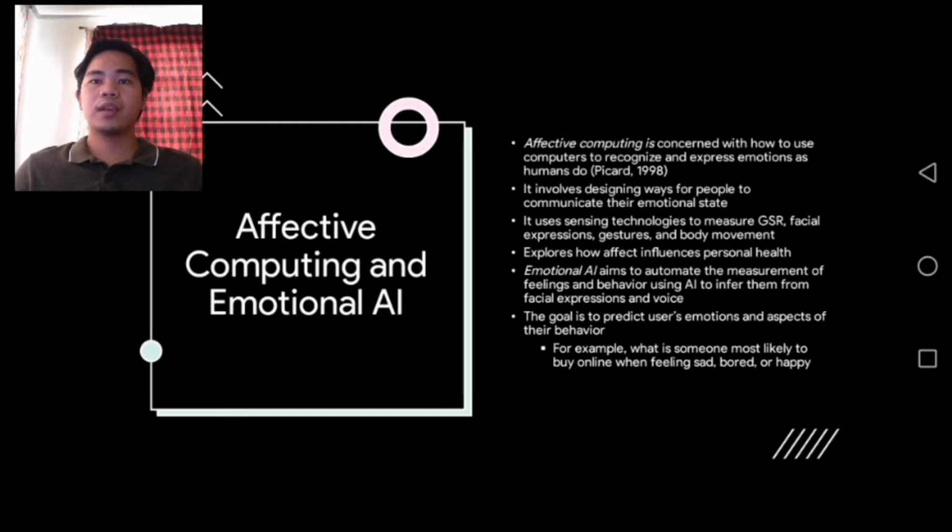Explore how to influence personal health. Emotional AI aims to automate the measurement of feeling and behavior using AI to infer them from facial expression and voice. The goal is to predict users' emotions and aspects of their behavior. For example, what is someone most likely to buy online when feeling sad, bored, or happy?